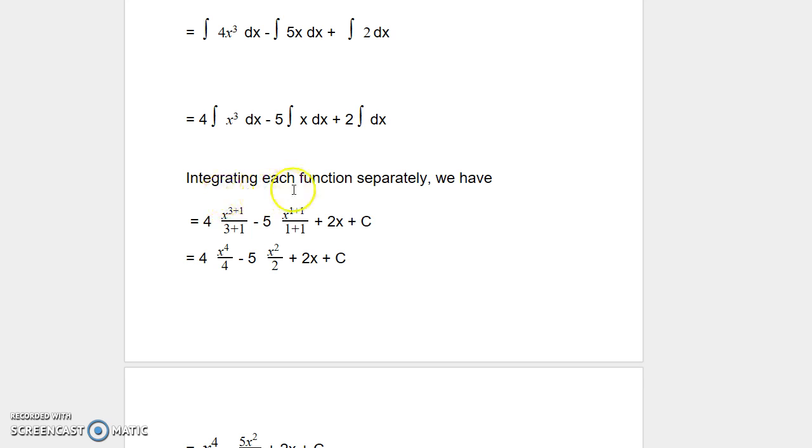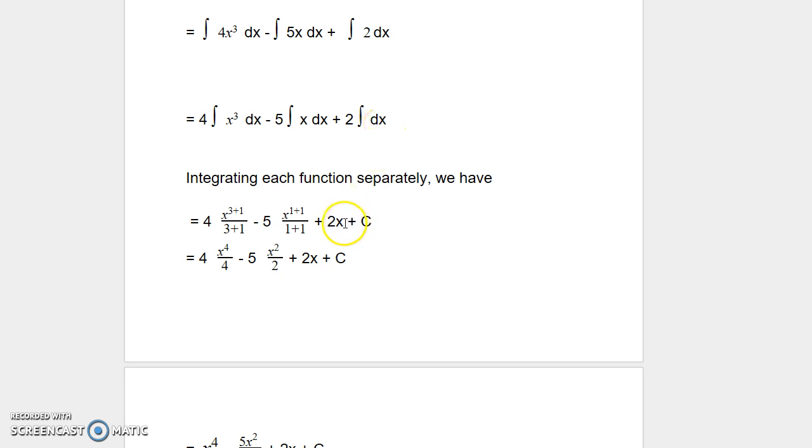So in integrating each function separately, we can write it as follows. 4 is a constant, so we didn't do anything with that. So integral x cubed dx can be written as x to the power of 3 plus 1 divided by 3 plus 1 minus 5 is a constant in the second term, and then integral x dx can be written as x to the power of 1 plus 1 divided by 1 plus 1 plus 2 is a constant, so we took the 2 outside.